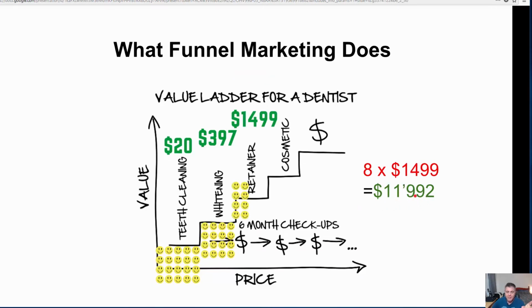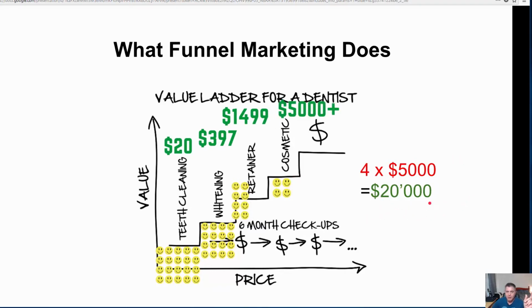Next one, let's say they have to get braces or a retainer. So $1,499, right? Let's say 8 people go through and get this done. So 8 times $1,499 is $11,992. Let's keep going. They have to get some cosmetic work done. That could be $5,000.